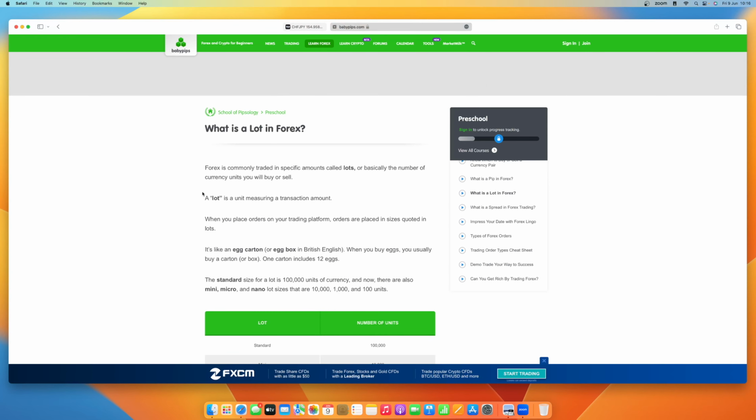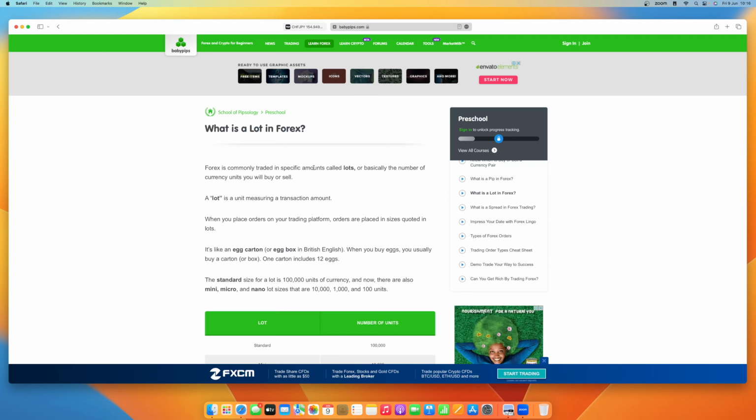You can see Forex is commonly traded in specific amounts called lots. Basically, the number of currency units you will buy or sell. So a lot is a unit measuring a transaction amount. When you place orders on your trading platform, orders are placed in sizes quoted in lots.